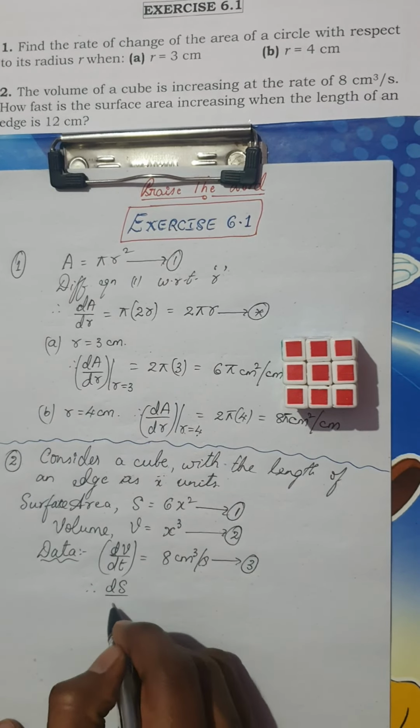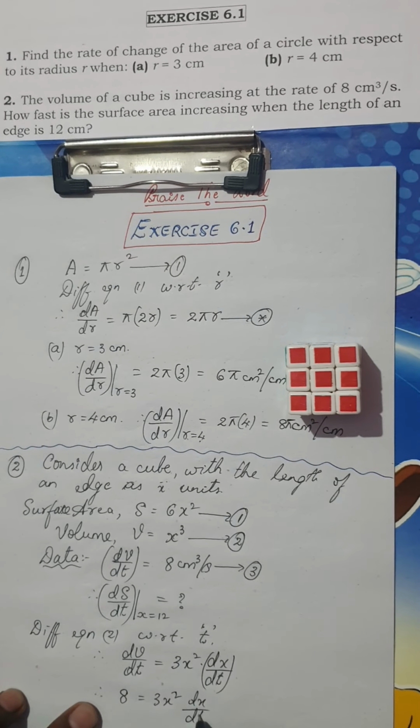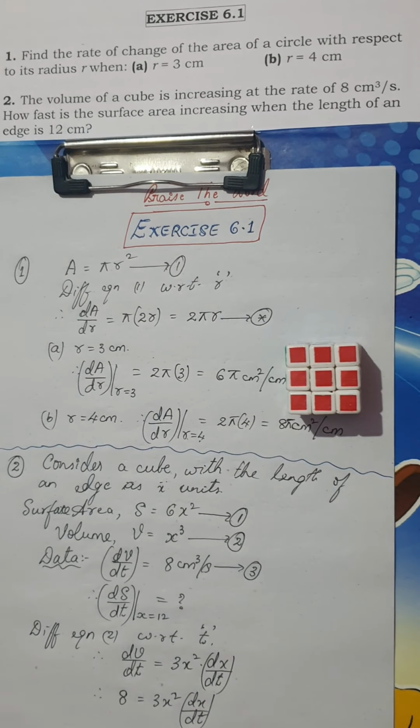It is 3x square into, remember, x is again a function of t. It is just like your implicit function differentiation. Hope you remember. Now, from equation 3 I have dV by dt is 8 centimeter cube per second. Just use the value 8. Therefore, 8 is nothing but 3x square into dx by dt. Is it clear?